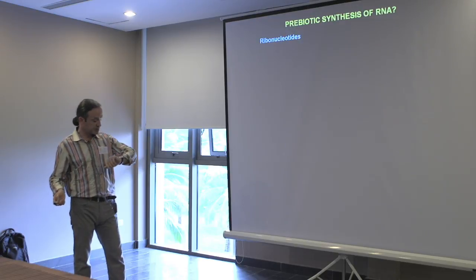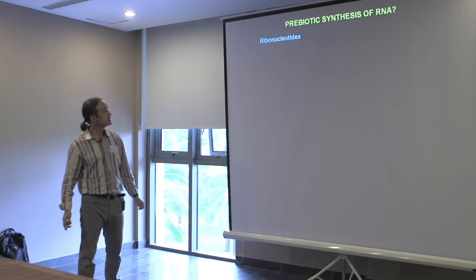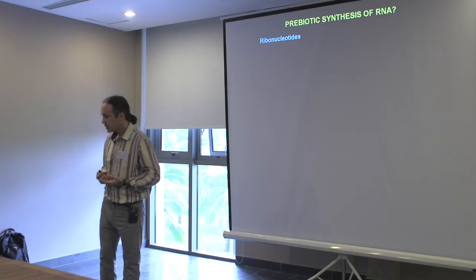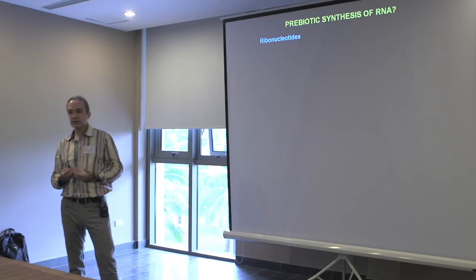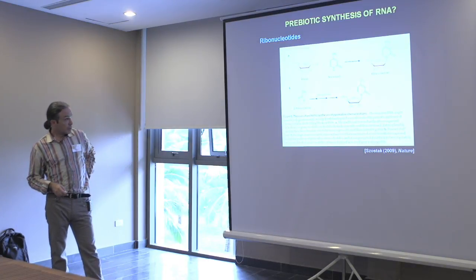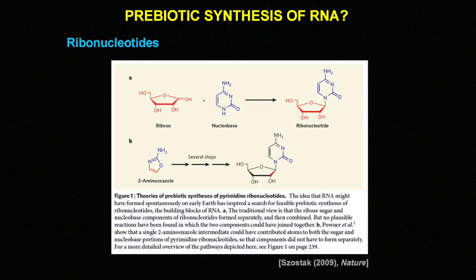And okay, is it possible to synthesize the RNA? So okay, we say that RNA is very important for the origin of life, but could it be synthesized in primordial conditions? I will not go into details, but it's interesting that in the last 30 years, lots of researchers in the field of prebiotic chemistry have been trying to combine ribonucleotides, joining ribose and nucleobases, okay?